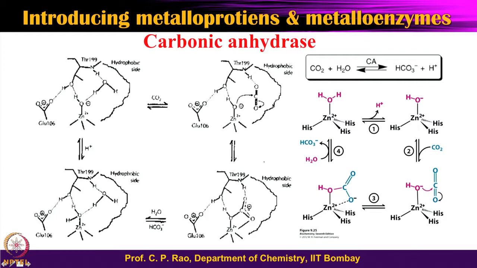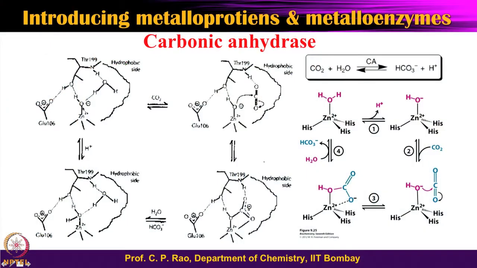Let us look for a while at how you get the zinc hydroxide. Initially you have a water, and the water is activated by a neighboring group; basically it was the glutamate which removes a proton and makes the hydroxide. And you know that the hydroxide is a base, but when it is bound to the zinc center, will it be as strong a base as OH minus?